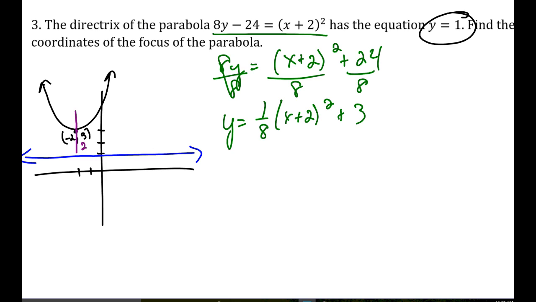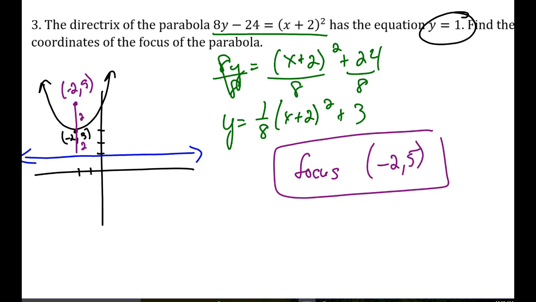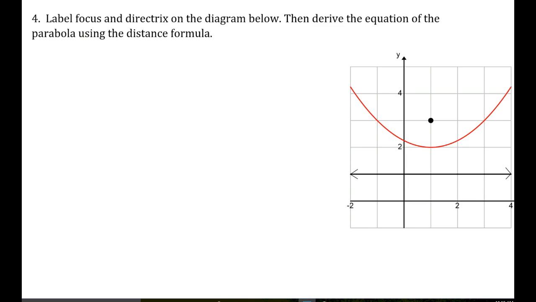So that vertex has to be 2 units away from the focus. So what point is that? And that is (-2, 5). So the focus is the point (-2, 5). And just by knowing how to draw this picture and knowing the transformations of the parent function x squared, we're able to quickly answer this question.